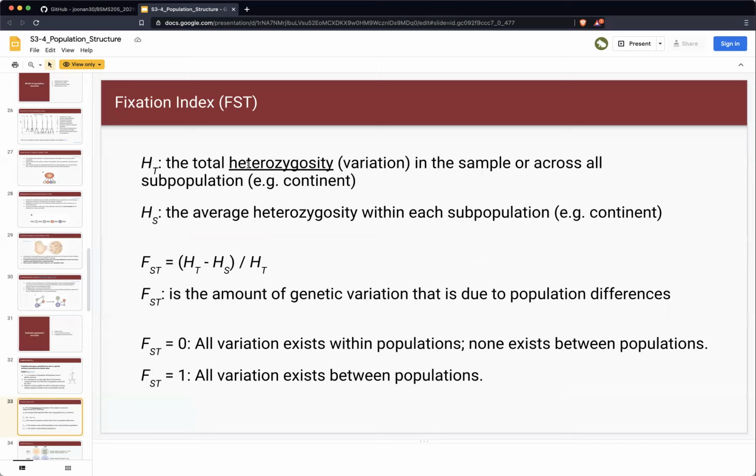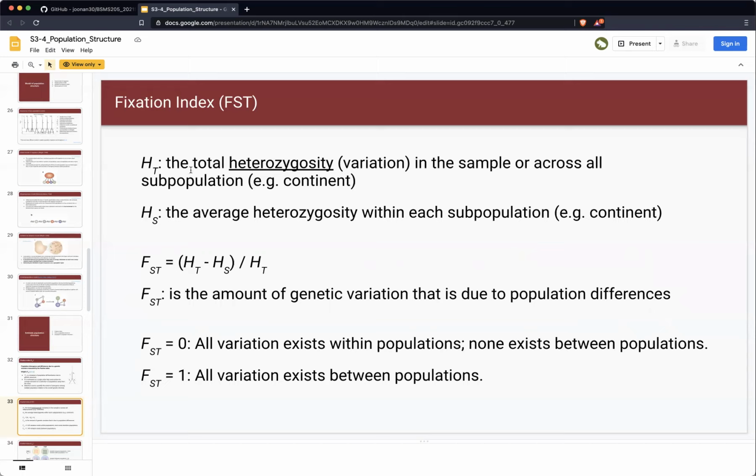If you're looking at all of the population and you measure the heterozygosity, which is how many heterozygous variants are in the population, or you can also measure how many heterozygotes, which are individuals with heterozygous variants, and then you measure how many of them are within the total population, which is all of the subpopulations. Then you also measure the average heterozygosity within each subpopulation, right?